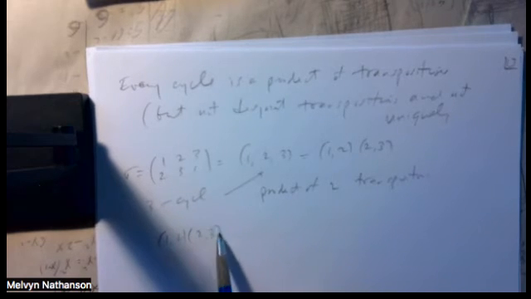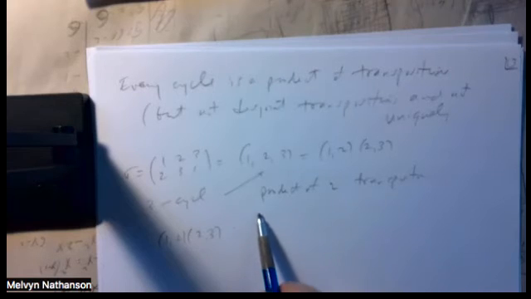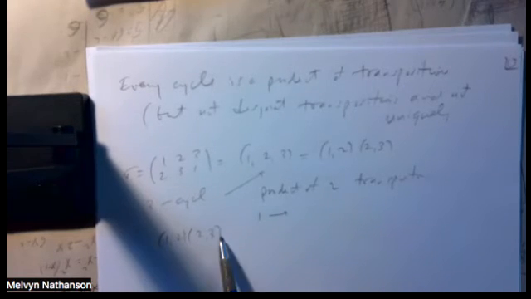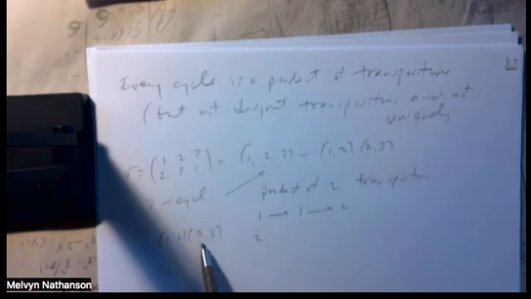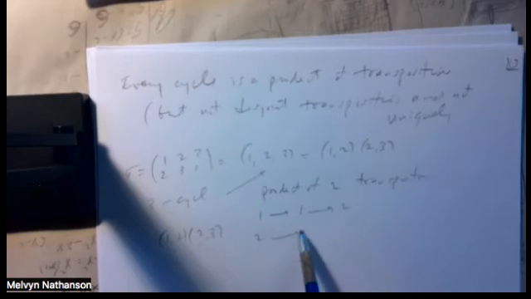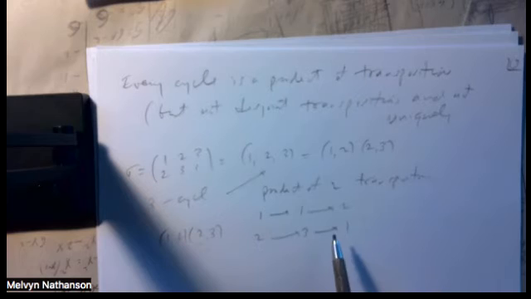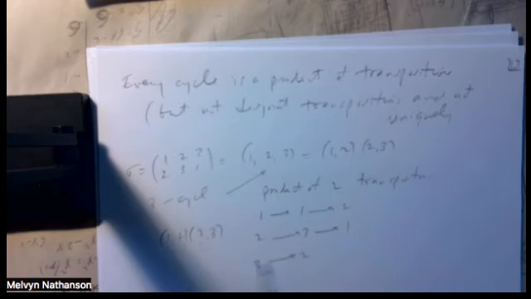You have to really, this is composition of functions. So (1 2 3) sends 1 to 1, and (1 2) sends 1 to 2. (2 3) sends 2 to 3, (1 2) sends 2 to 1. (2 3) sends 3 to 2.